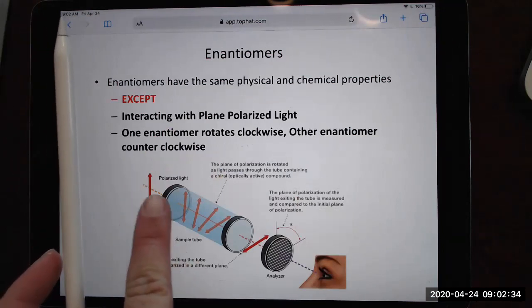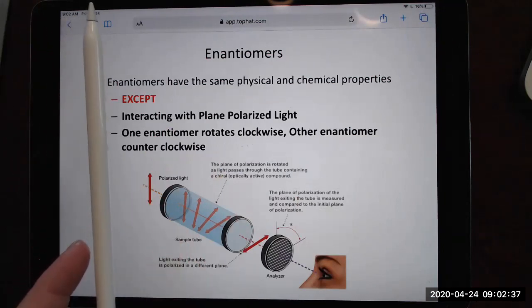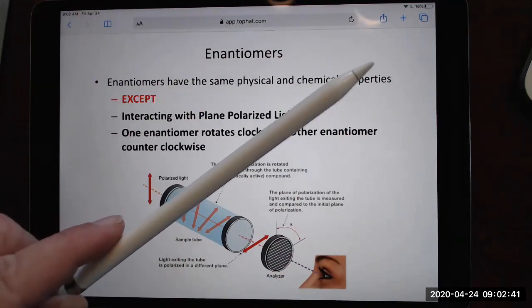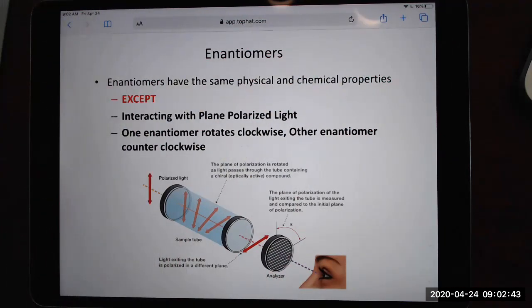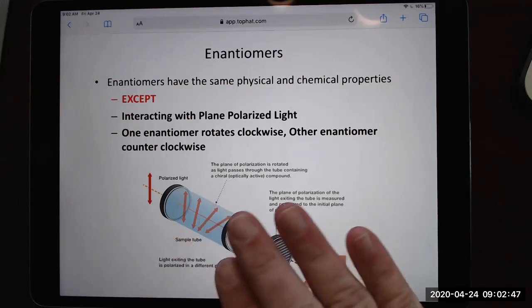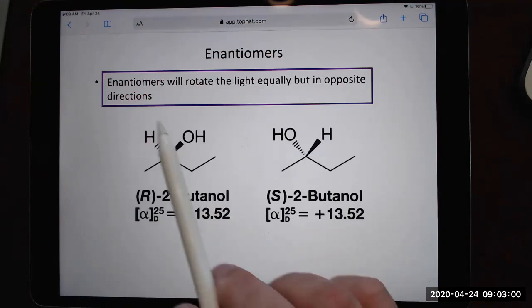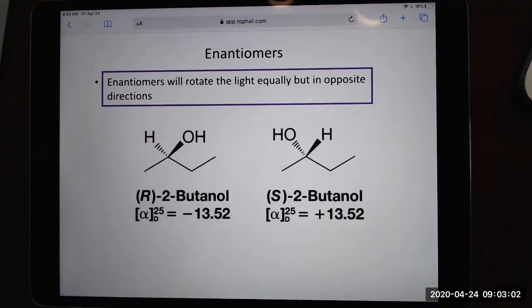If you have polarized light coming into a solution of your stuff, when it comes out, the light will be rotated, either clockwise or counterclockwise. The ability of a molecule to rotate light means it's optically active. Enantiomers are going to do it equally but in the opposite direction. So this is one way where they're different.